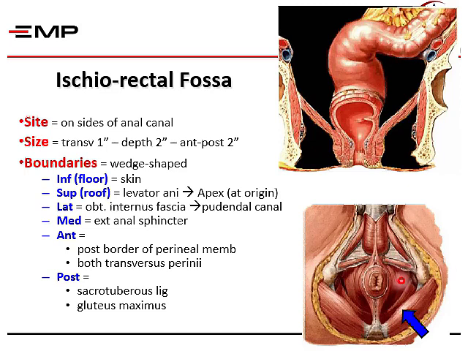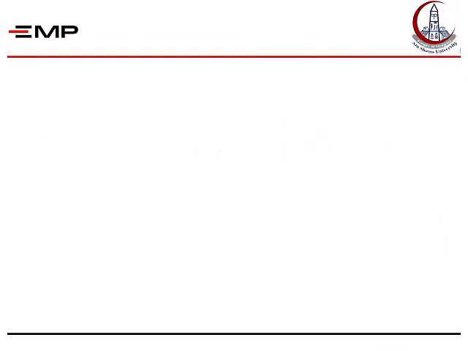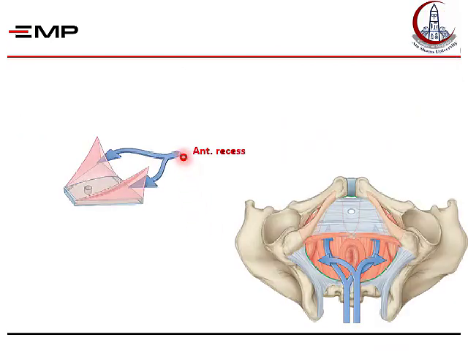Anteriorly, just above the superficial and deep perineal pouches, the ischiorectal fossa has what we call the anterior recess. This anterior recess extends above the deep perineal pouch between it and the pelvic floor.